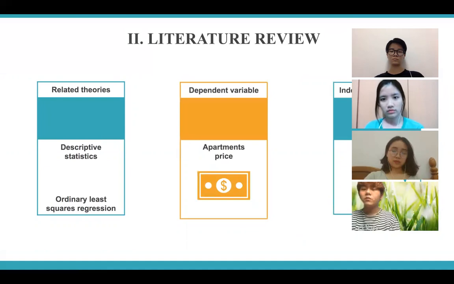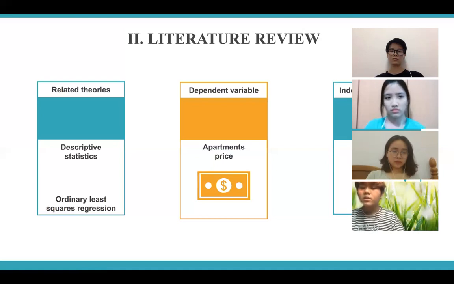I'll give you some information about the related theories. The first one is descriptive statistic. It is a brief descriptive coefficient that summarizes a given data set, which can be either a representation of the entire population or a sample. The next one is ordinary least square regression.